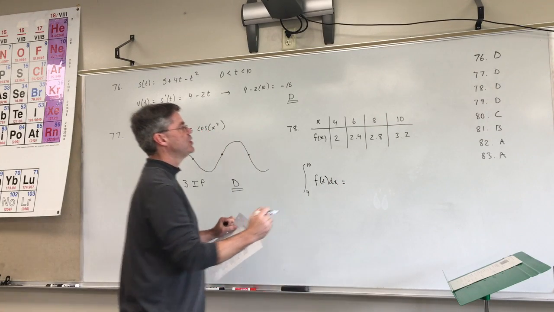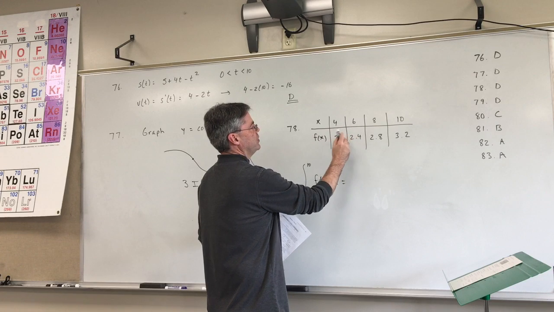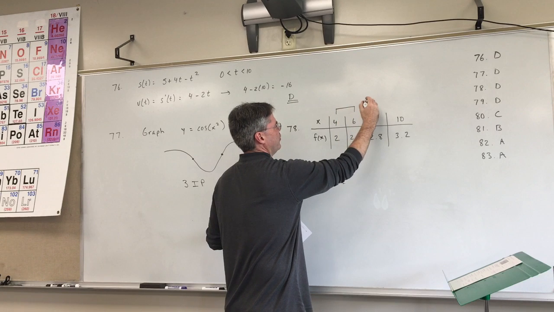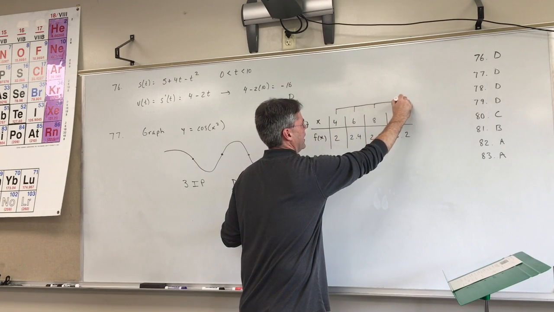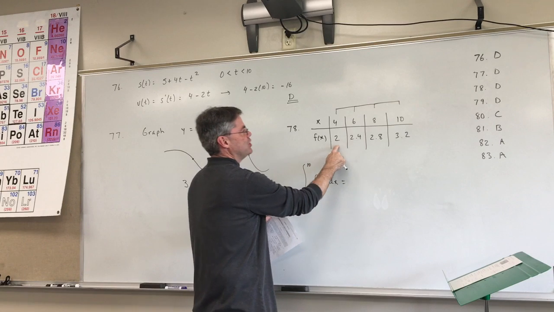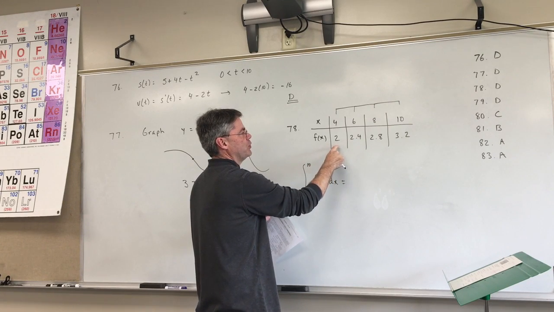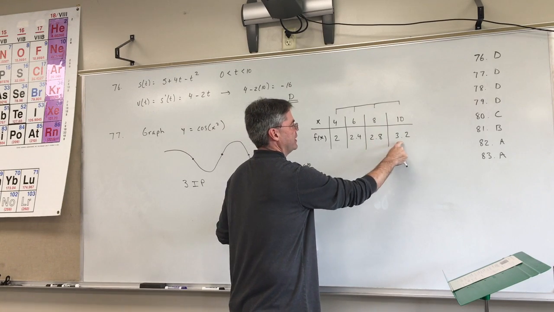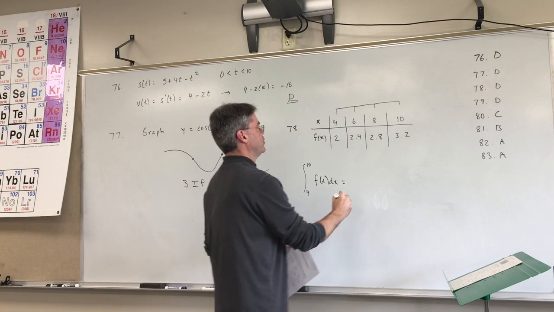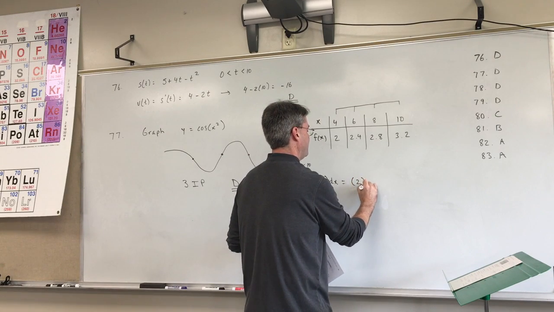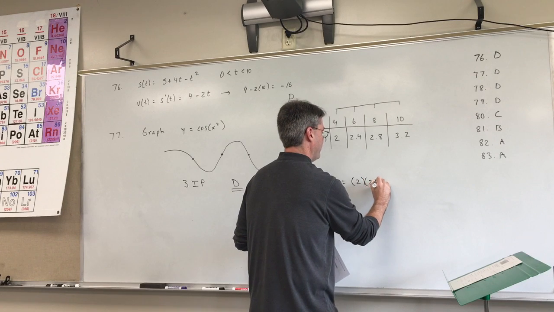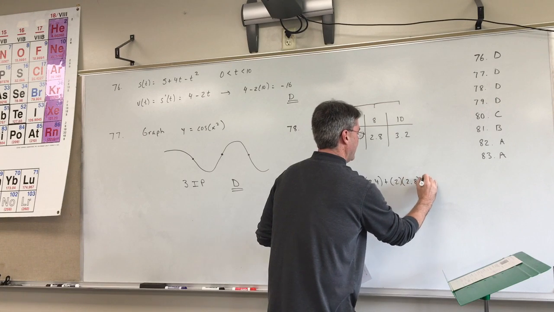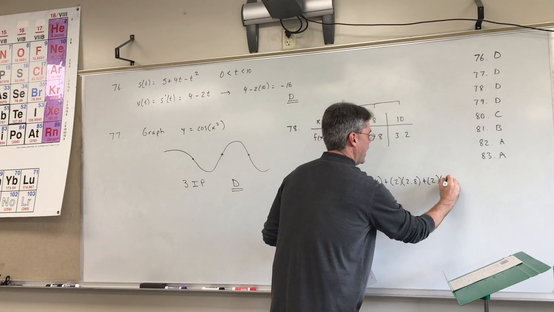All right, so each of our bases is going to be 2. The base for this rectangle is 2, for this rectangle is 2, for this rectangle is 2. And then the height is the right value. So the height for the first rectangle is going to be 2.4, for the second rectangle 2.8, for the third rectangle 3.2. So it's going to be a base of 2, height of 2.4, plus a base of 2, height of 2.8, plus a base of 2, a height of 3.2.